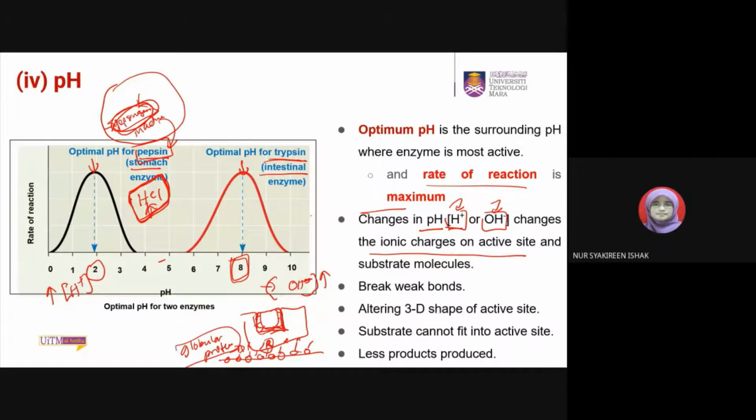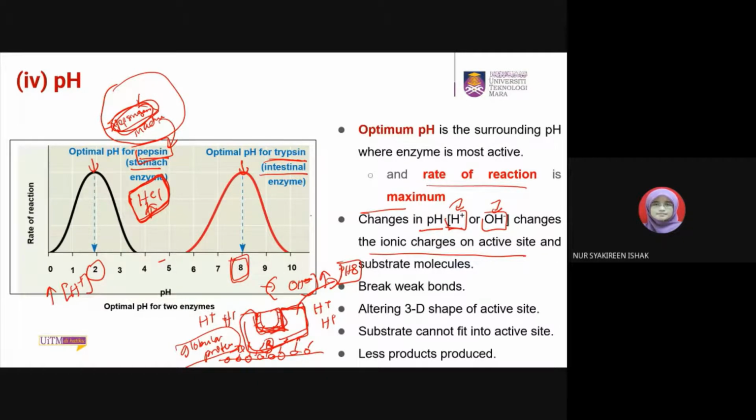If you change the pH of the surrounding, for example if the pH is too acidic, there is an excess of hydrogen ions in the surrounding. For this enzyme, the condition should be pH 8, for example, to make sure the shape of the enzyme is held together.